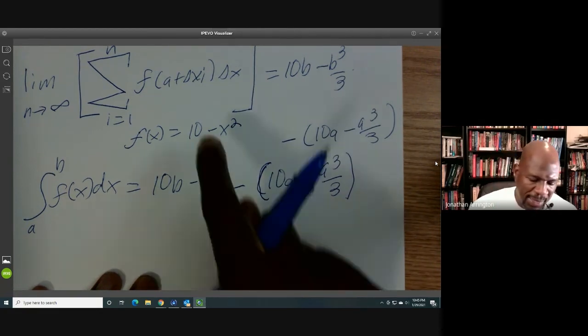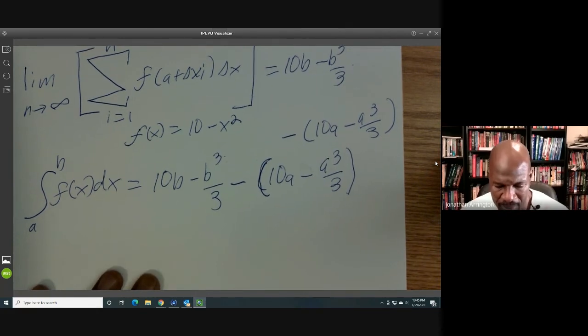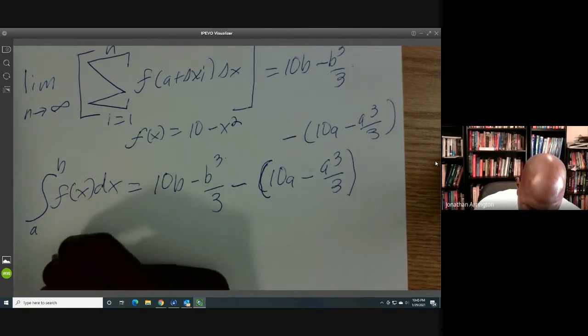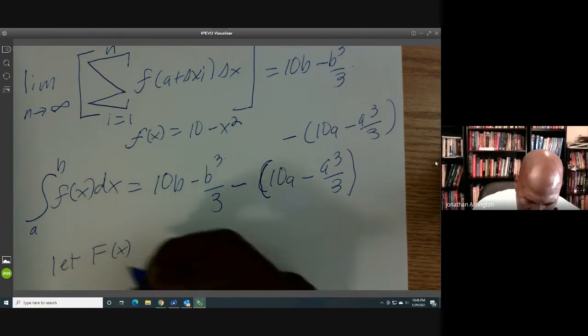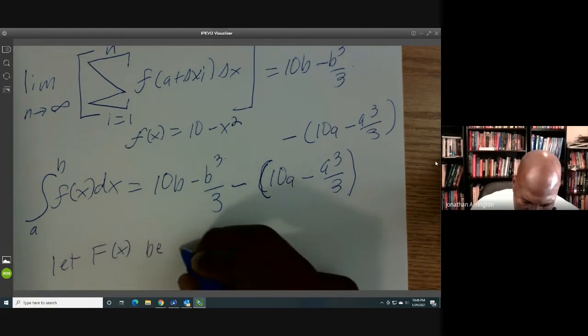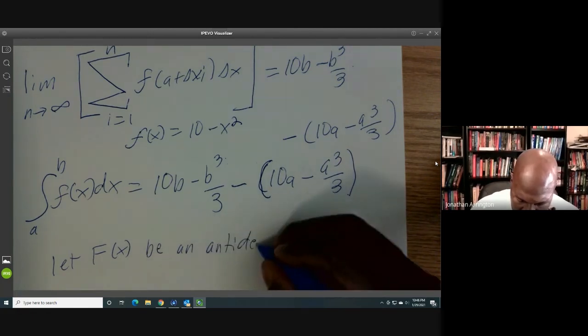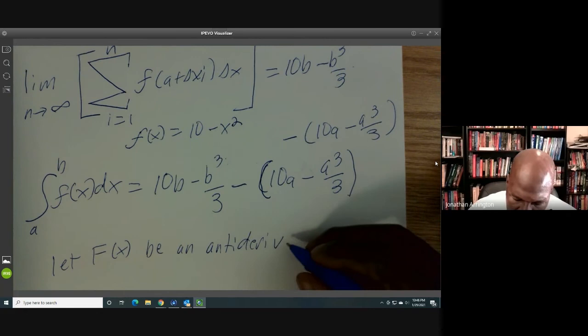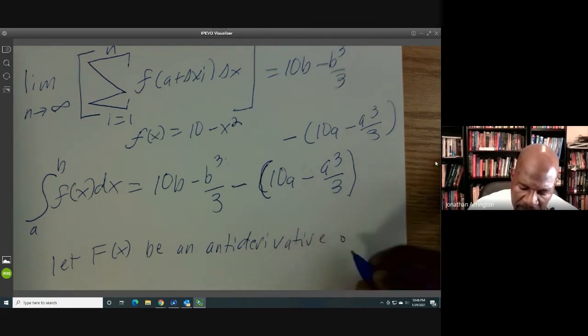And what is the antiderivative of 10 minus x squared? So let me say let big F be an antiderivative of little f.